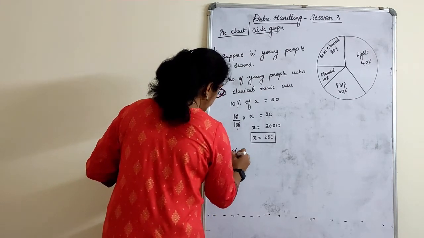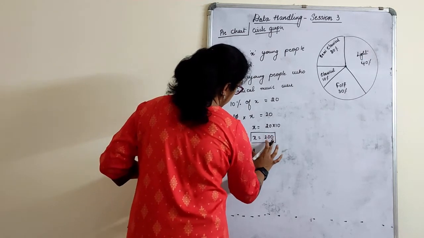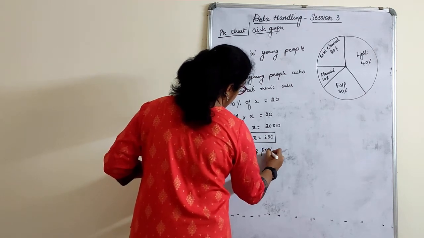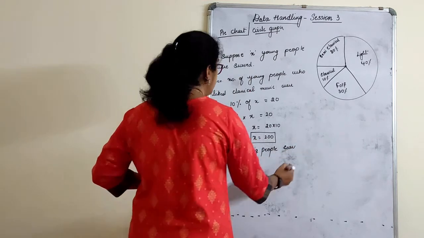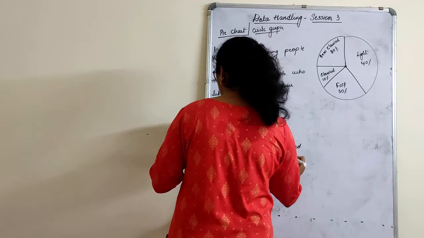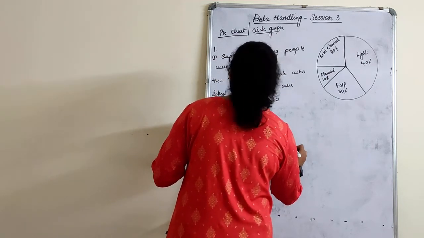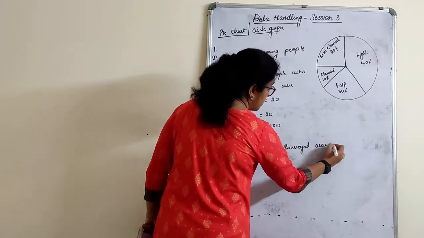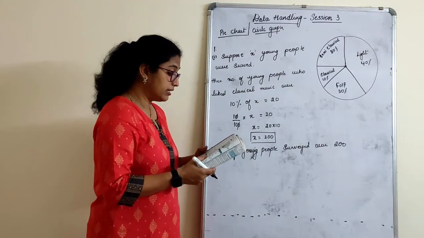The number of young people surveyed were 200. Fine, the first part is very clear.